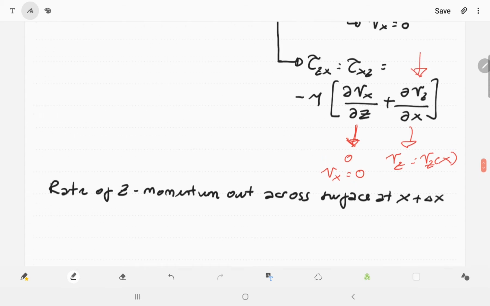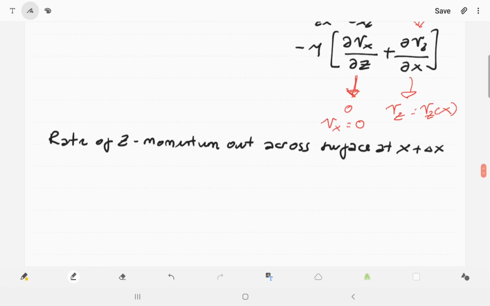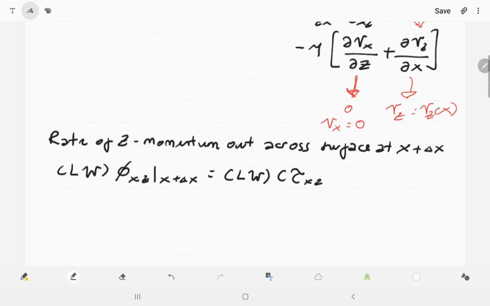Then same with here again, we derive the same thing. L w phi xz at x plus delta x is equal to LW tau xz plus rho Vx Vz at x plus delta x.